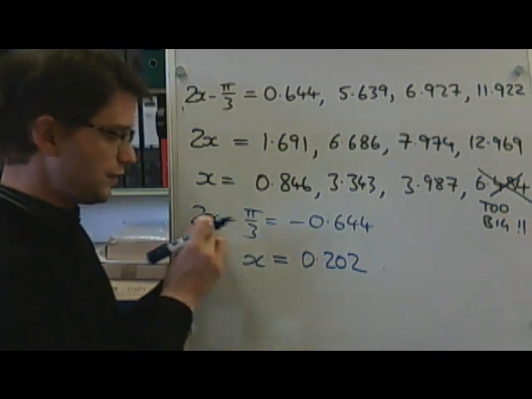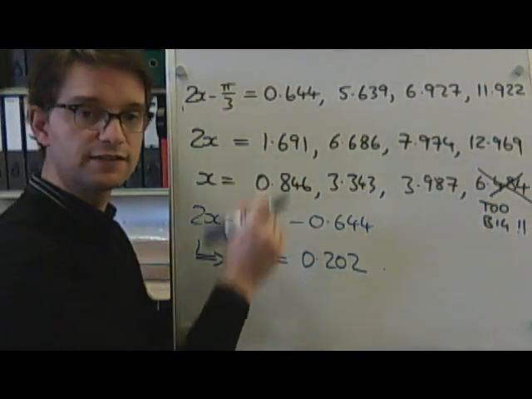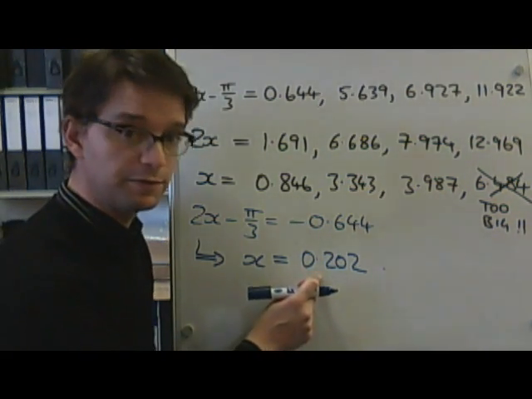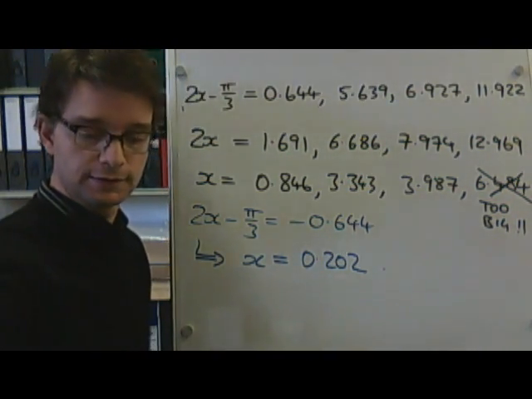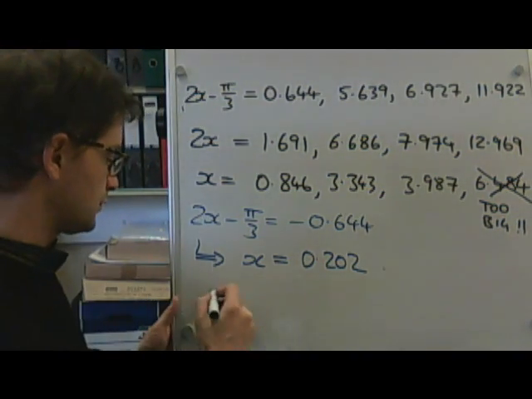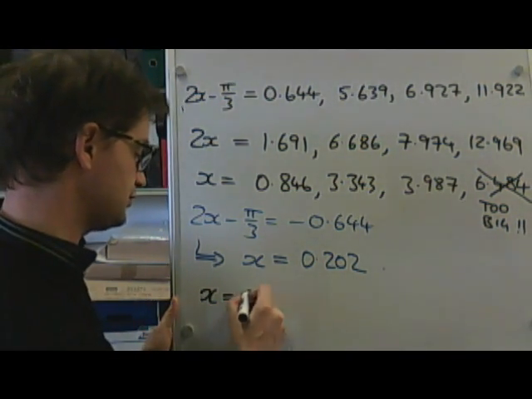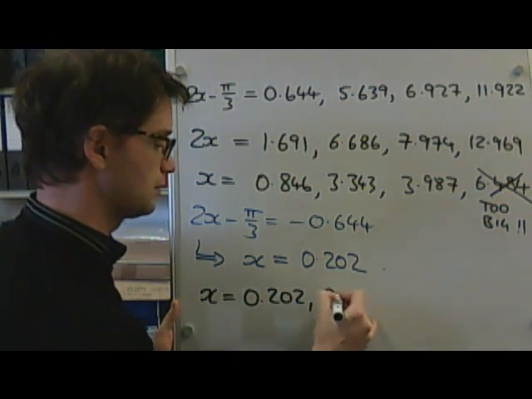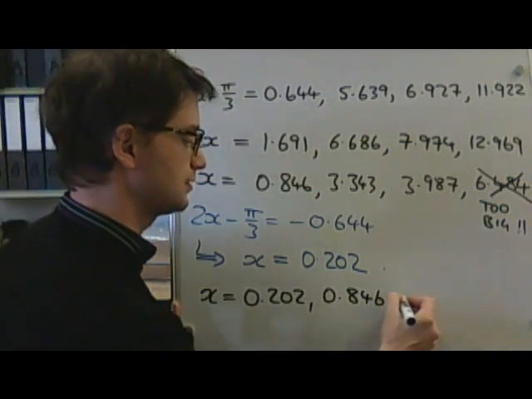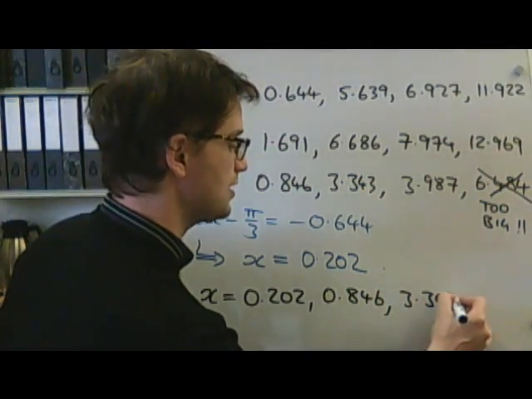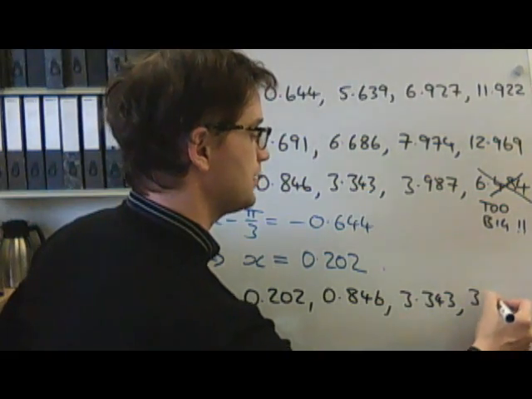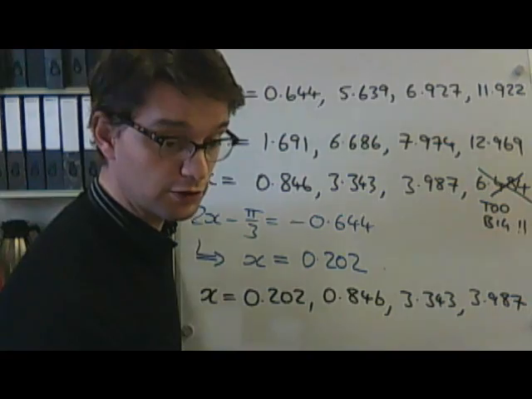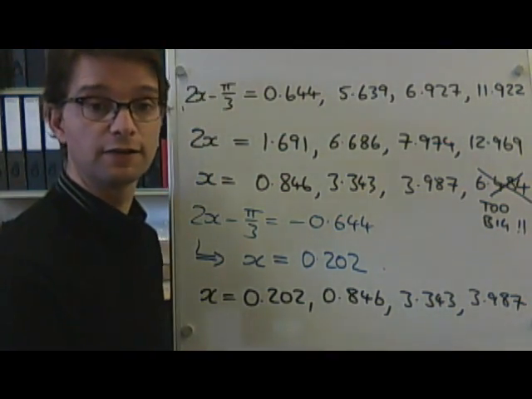Okay, if you just solve this linear equation in the same way that we've solved these linear equations, we get x equals 0.202, which is between 0 and 2 pi. So my complete set of solutions now is x equals 0.202, 0.846, 3.343, and 3.987. Those are the four solutions of my initial problem, cos of 2x minus pi by 3 equals 0.8.